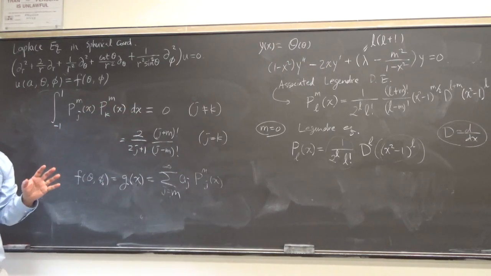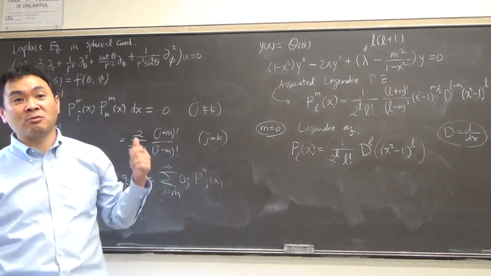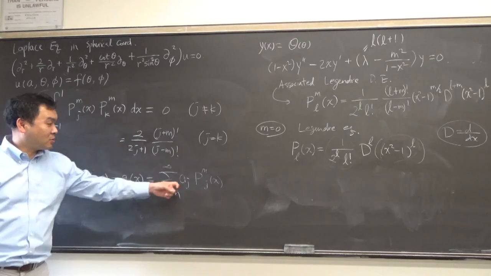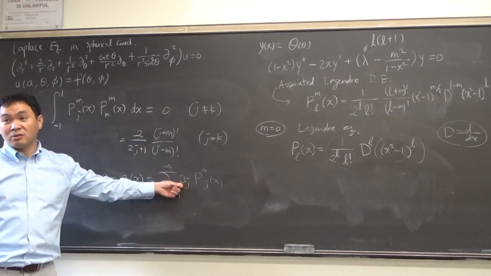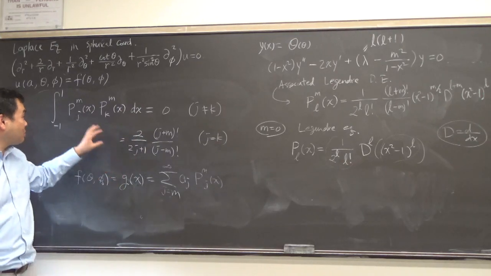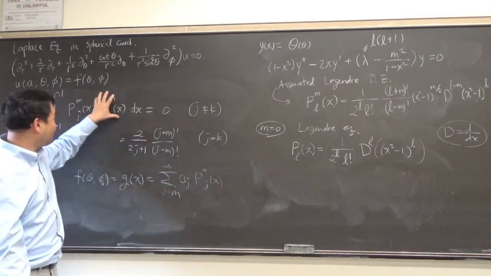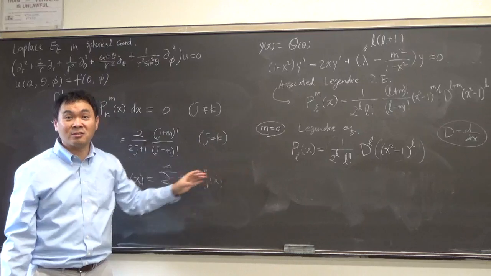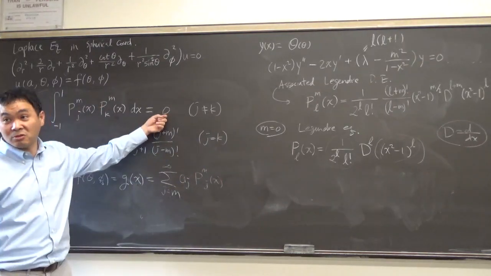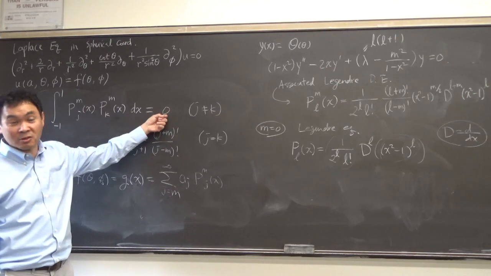So if you recall, when we were doing Fourier series and Fourier-Bessel series, what enabled us to figure out these coefficients? These kind of results, right? Because we multiplied both sides by this thing and integrate. Then most of these are 0 because of the orthogonality property.